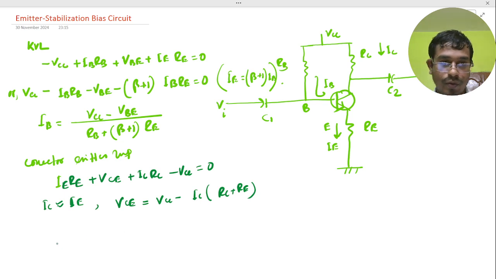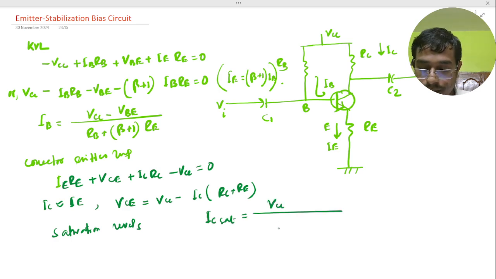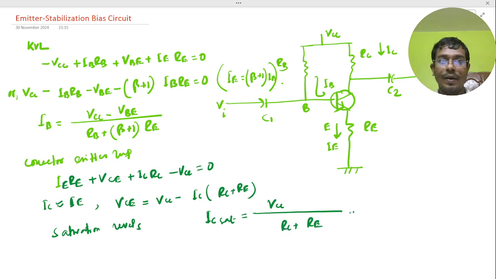The third one is the saturation level. For saturation, we get IC sat is nothing but VCC divided by (RC plus RE), and these are the emitter stabilization conditions.